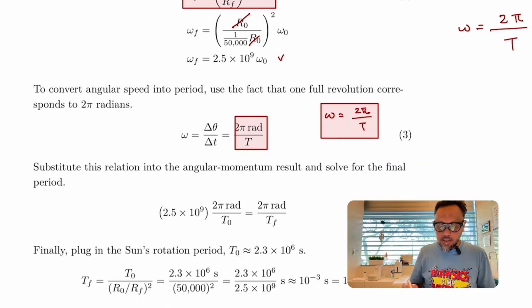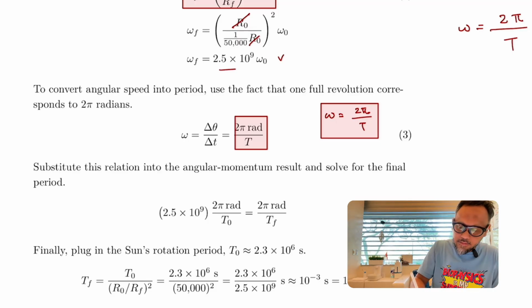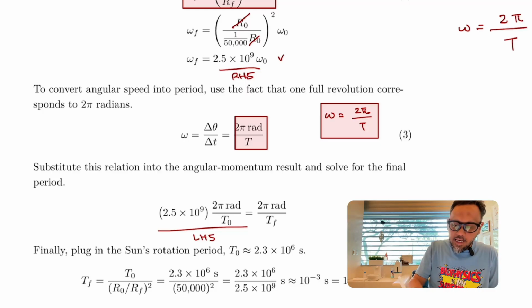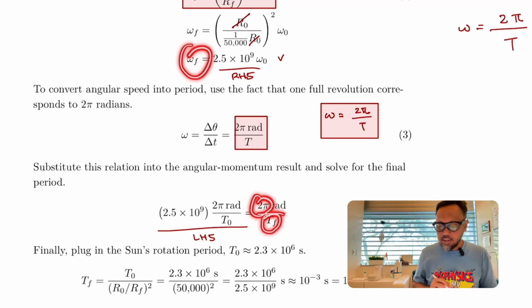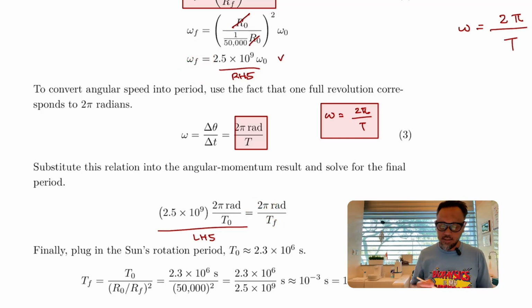And then if you know the ratio of omega, what this does is express the right-hand side of this equation and then move it to the left-hand side. And omega final is equal to 2 pi divided by the final period.